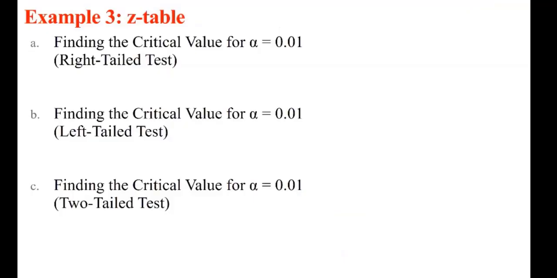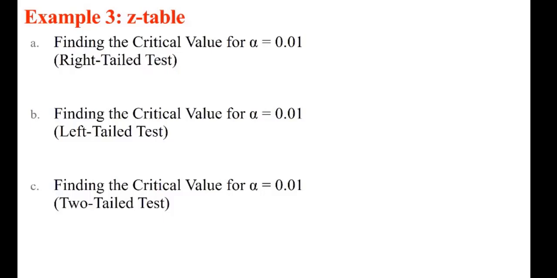Here's an example. Finding the critical value for alpha equals 0.01 for a right tail test, left tail test, and a two tail test. Anytime we want to do that, this is using specifically a Z table that we've been told. Anytime you want to do that, you want to come up with the graph.